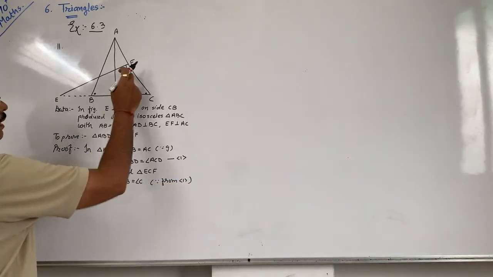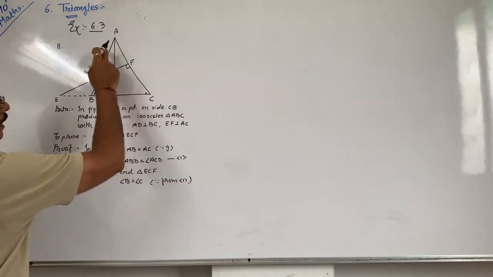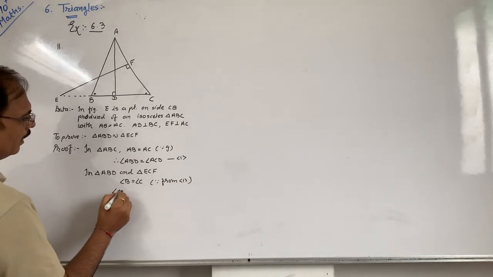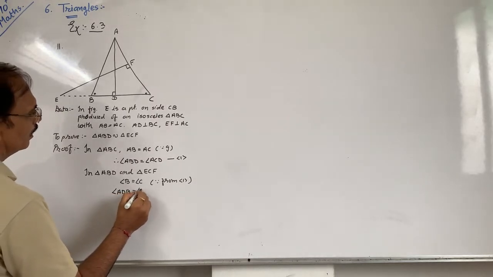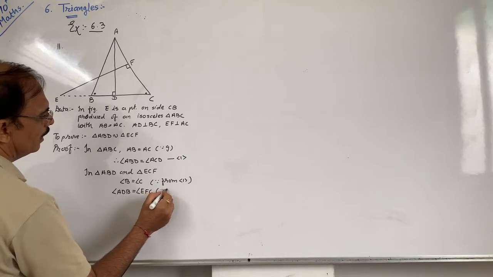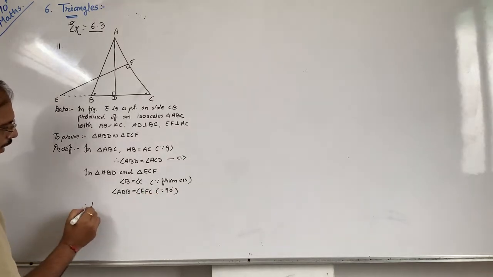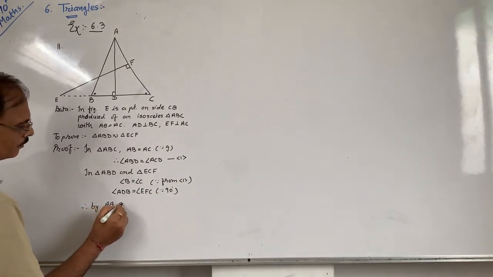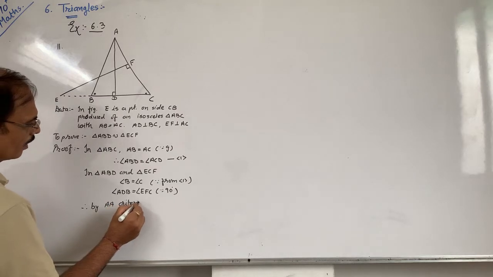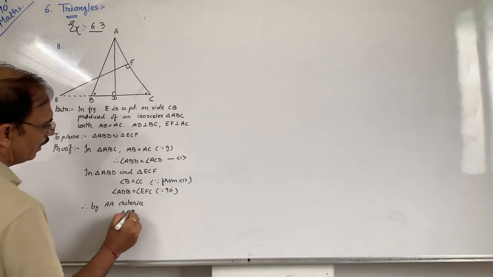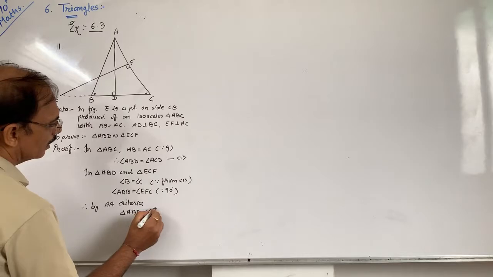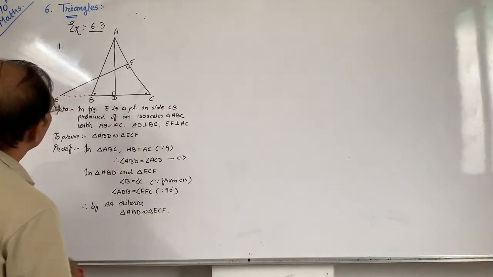Okay. Angle EFC is 90, ADB is 90. Angle ADB equal to angle EFC, reason 90 degree. Okay. So by AA criteria, triangle ABD is similar to triangle ECF. Hence proved.